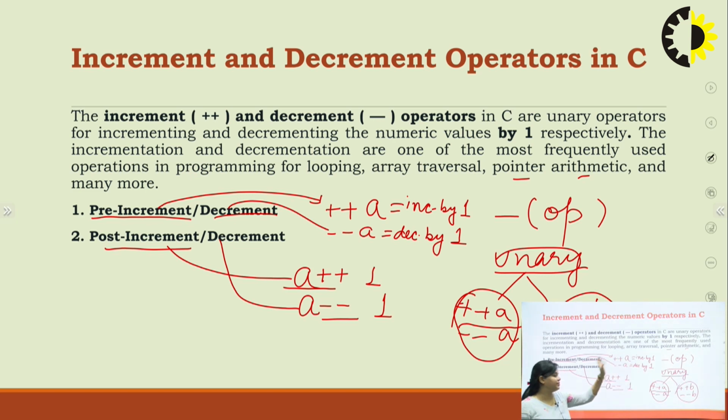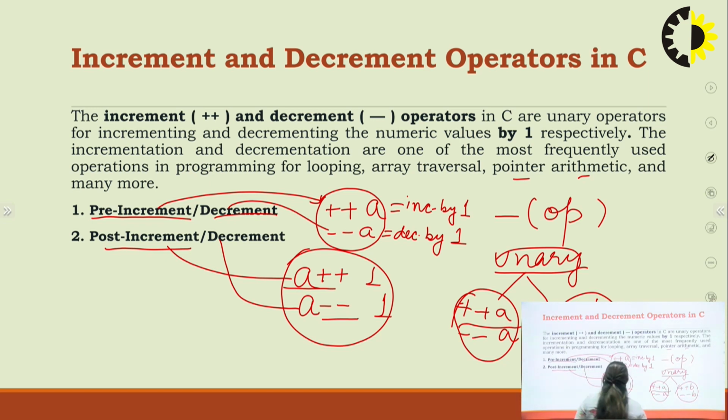Pre has its own significance, the evaluation of pre has its own way, and post is also the same, it has its own way to function. This is very important to understand, how they actually function. We'll understand in our next slides how they actually work. Till now we have understood many of the facts. We'll understand further what increment and decrement operators are in our next lecture.